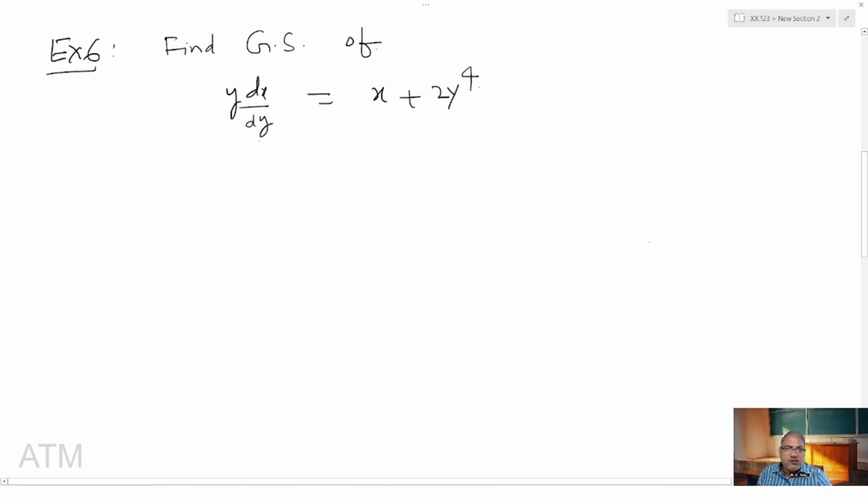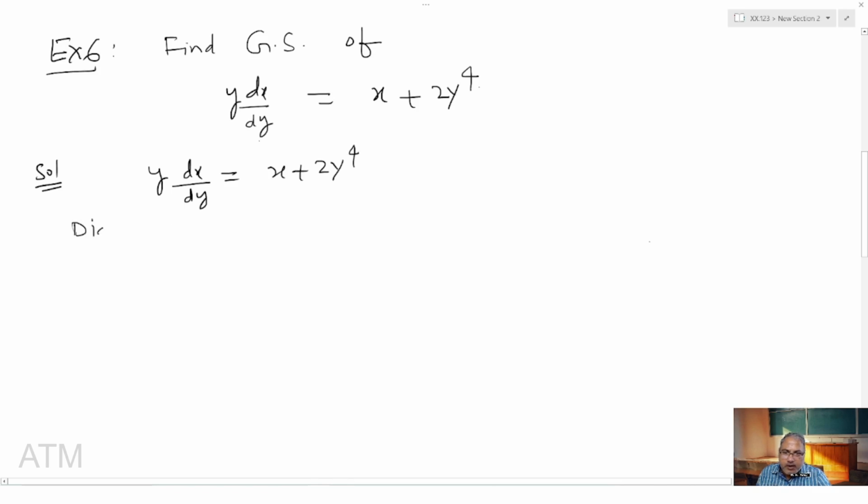Example 6. Find the general solution of y dx/dy = x + 2y raised to 4. Now the solution: we have y dx/dy = x + 2y^4.